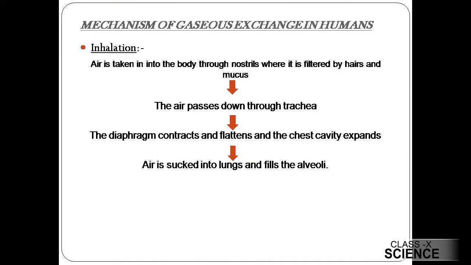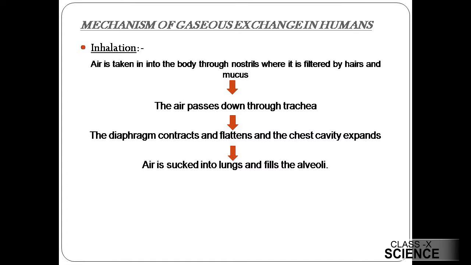During inhalation, the air is taken into the body through the nostrils, where it is filtered by the hairs and mucus. Then the air passes down through the trachea. The diaphragm contracts and flattens, the chest cavity expands, and the volume of the lungs increases. The air is sucked into the lungs and fills the alveoli.